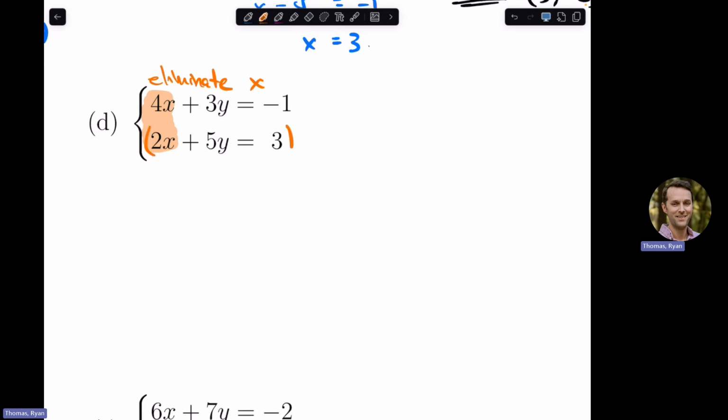Okay, so to eliminate x, I would multiply this by 2, which makes it 4x plus 10y and 6.